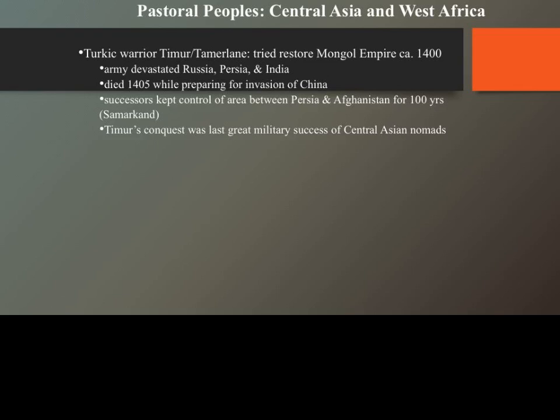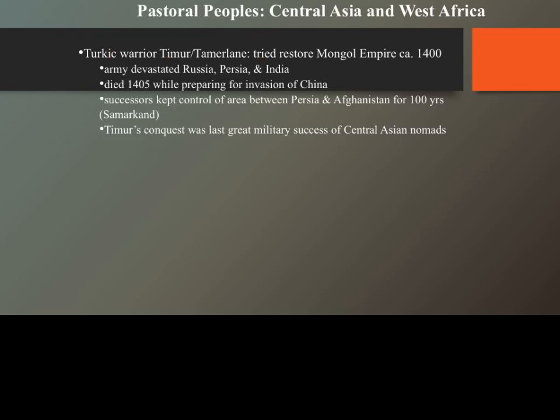He died about 1405 while preparing an invasion of China. His successors kept control of the area between Persia and Afghanistan for about a century. This was Samarkand. And his conquest was the last great military success of the Central Asian nomads.